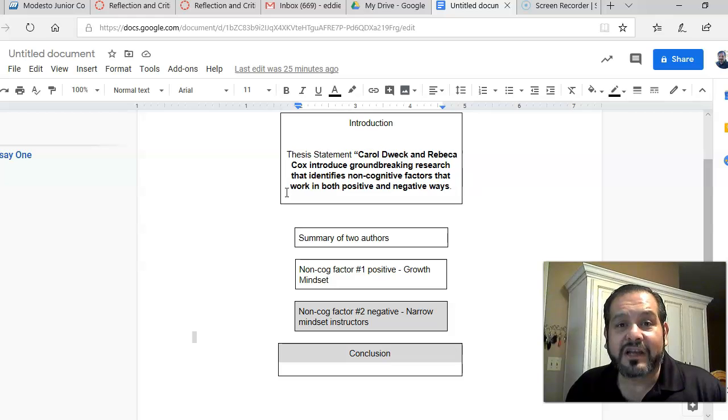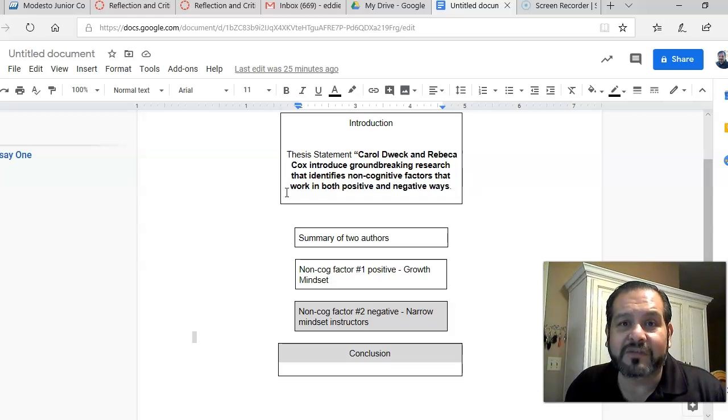In other words, every student in America should be suddenly interested in the role that non-cognitive factors play. Fortunately, scholars are hard at work on this matter. Carol Dweck and Rebecca Cox introduced groundbreaking research that identifies non-cognitive factors that work in both positive and negative ways.